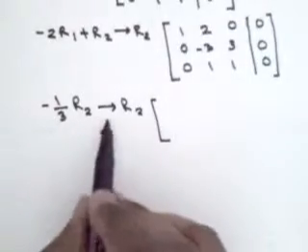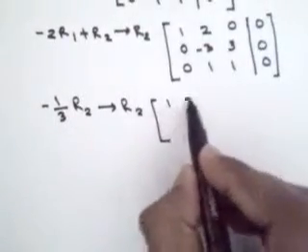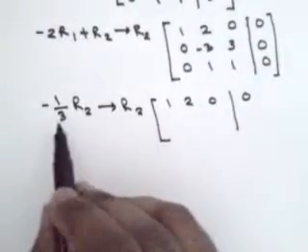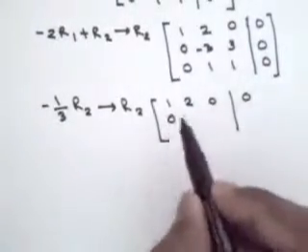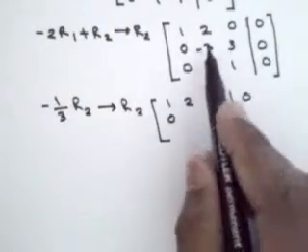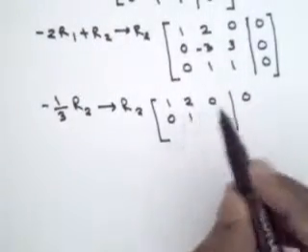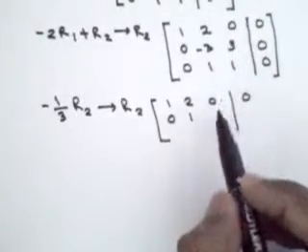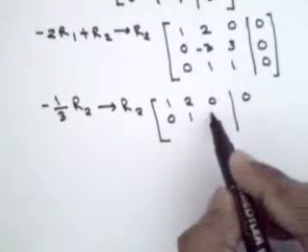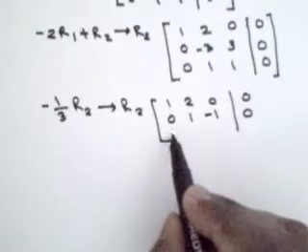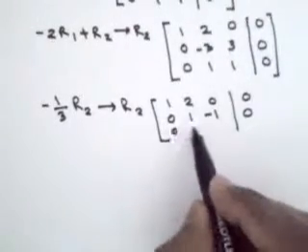Here we are working with the second row, so the first row will be the same. So -1 by 3 into 0 will be 0. Minus 1 by 3 into 3 will be 1, and this 3 will become minus 1, 0. Here we are not working with the third row, so it will remain the same.